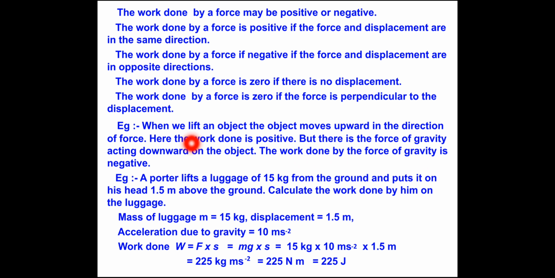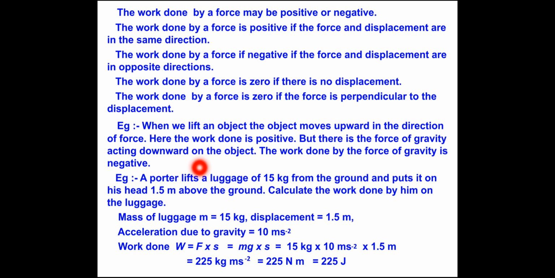For this example, you can consider when you come to school in the morning, you lift up the bag first. When you lift up the bag, the bag is the object. And when you lift up the bag, it moves upward in the direction of the force. How are you applying the force? You are pulling the bag.